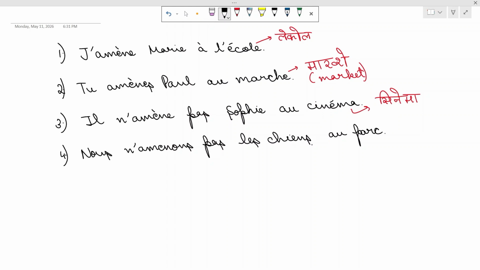Because of the liaison rule, S will get connected over here with A and the pronunciation will be zoo. Chien is the pronunciation over here and parc is the pronunciation over here. This means we don't take the dogs to the park.